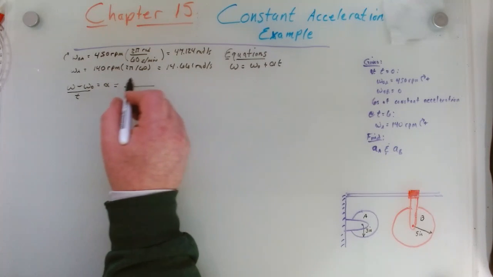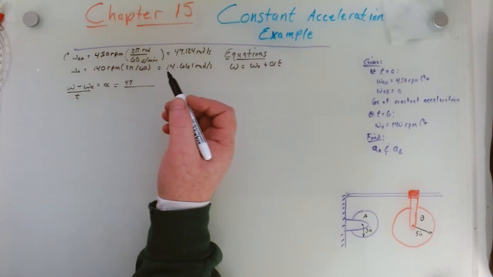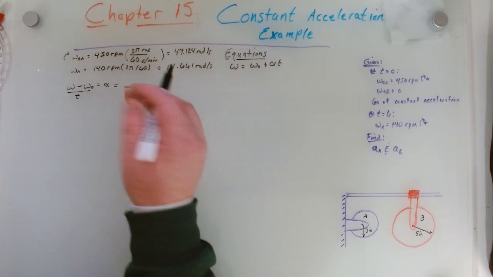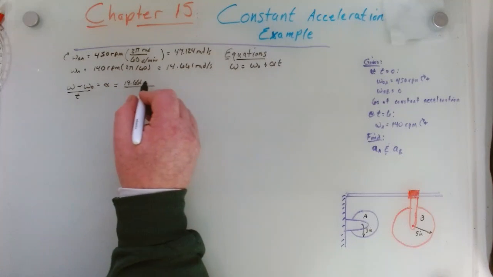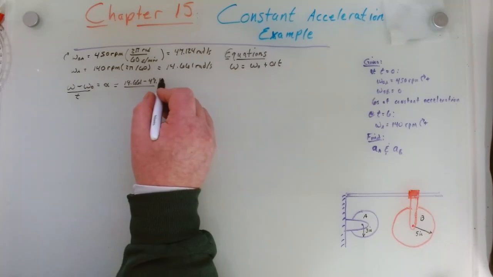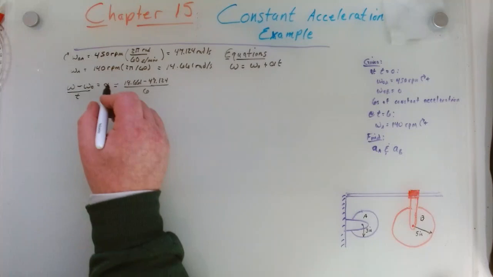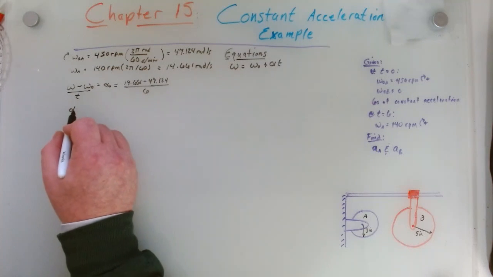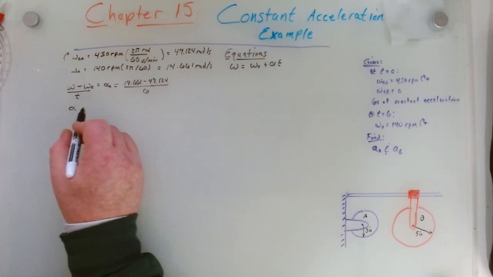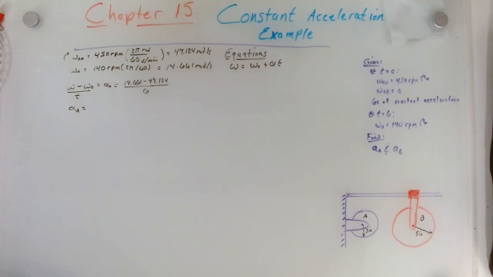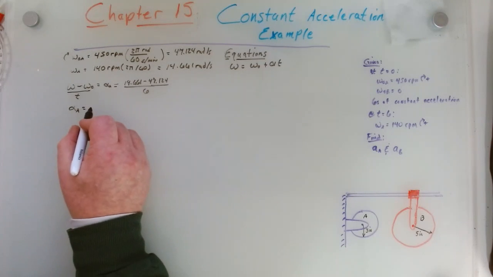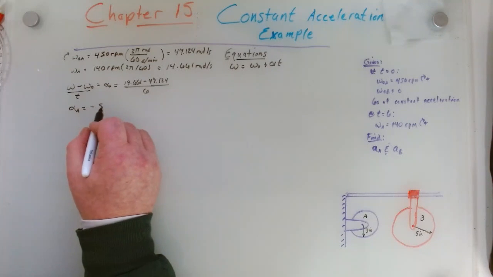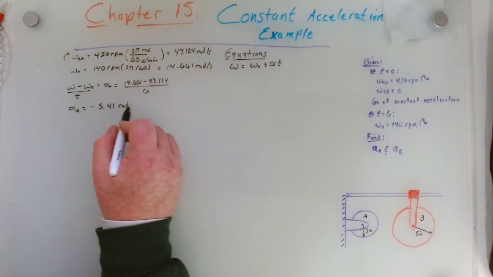On the other side, I'll actually do the numbers: 14.661 minus 47.124, divided by 6, and that is alpha A. So alpha A is equal to minus 5.41 radians per second squared.